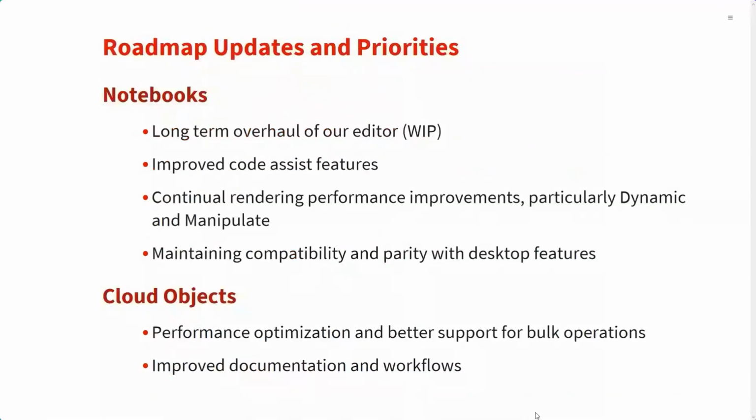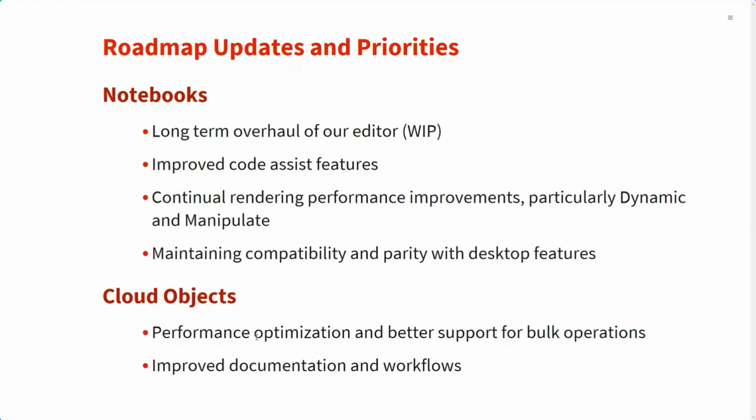That's been very successful. All right, super quick run through of roadmap and priorities. So again, we still have a long way to go to try to be at parity with the desktop. There will always be some differences and limitations in terms of performance. We definitely want to overhaul our editor to give more features there, have improved code assist features, and continually care about performance improvement, particularly around dynamic and manipulates.